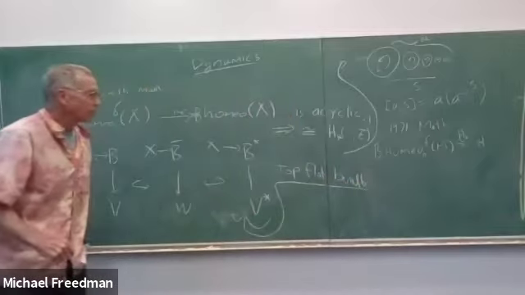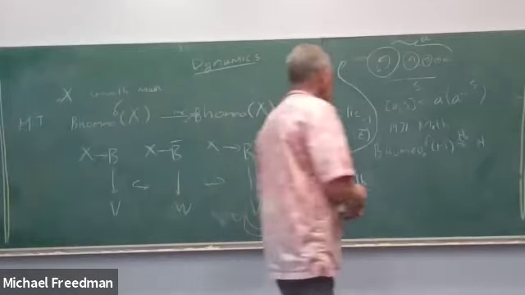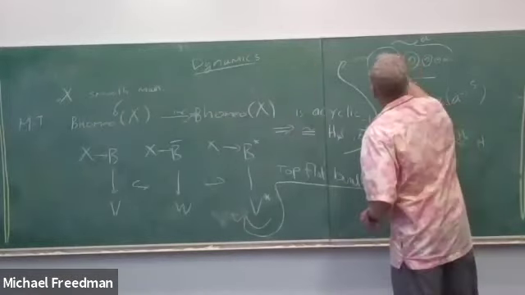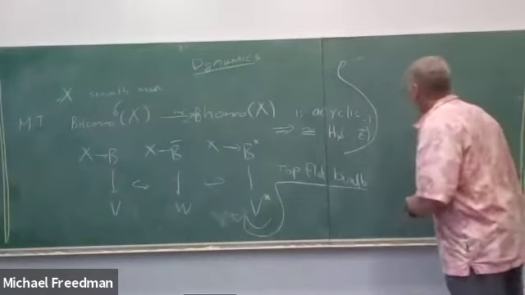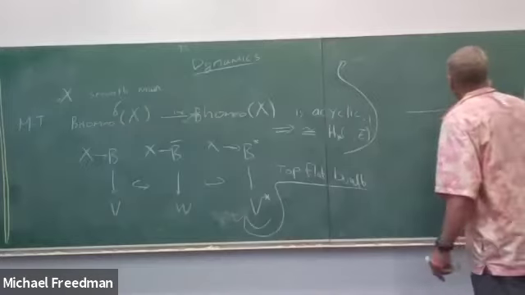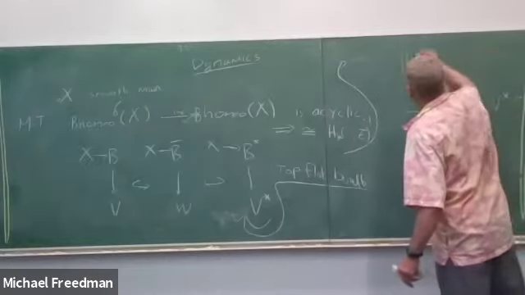And flat bundle is very close to the idea of a flat connection. Let me define what I mean by a flat bundle in the following picture. So a bundle has a base, in this case it's V star, that's a total space.